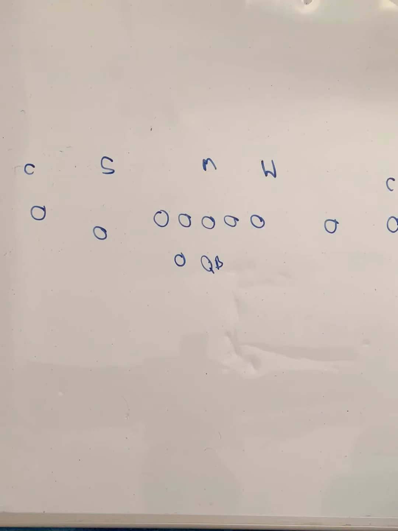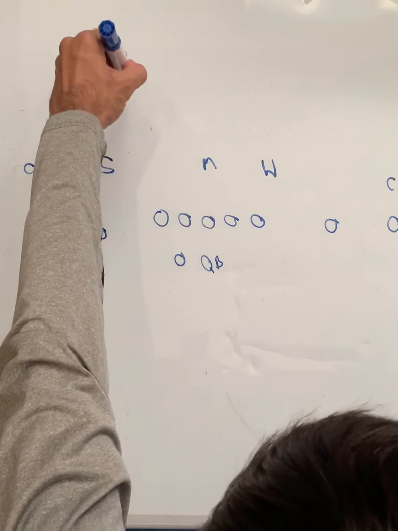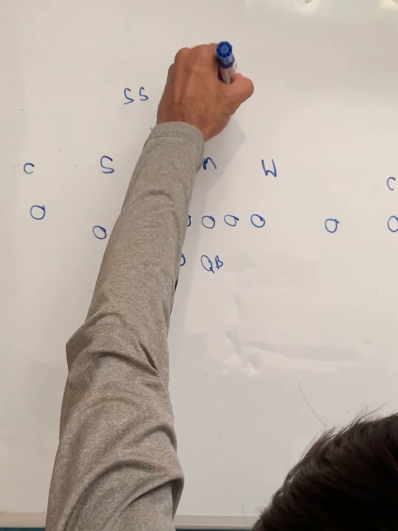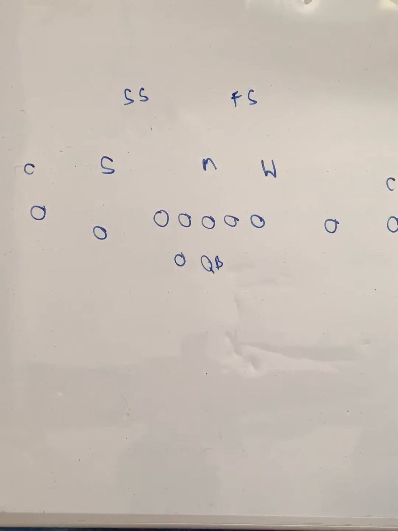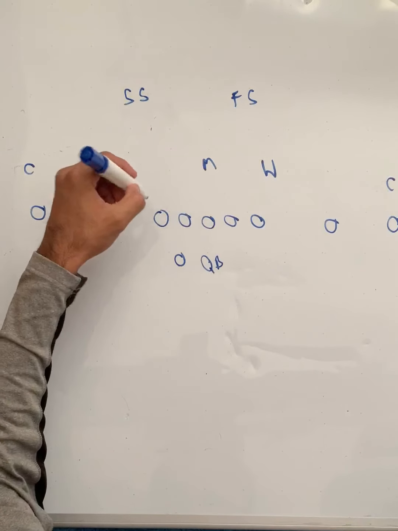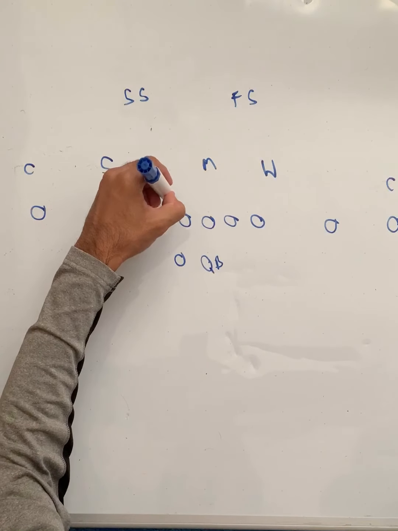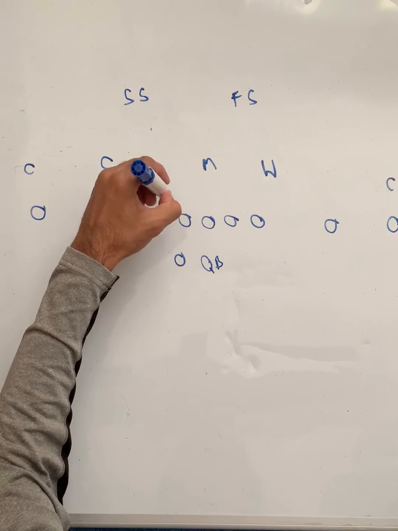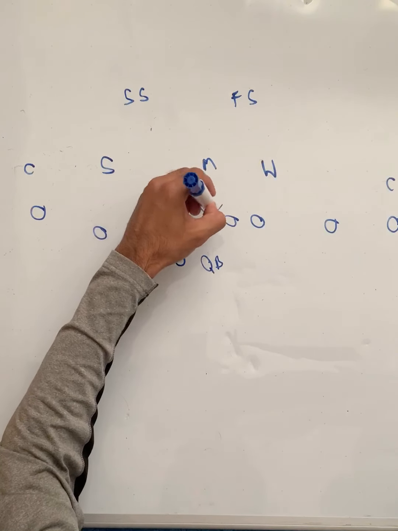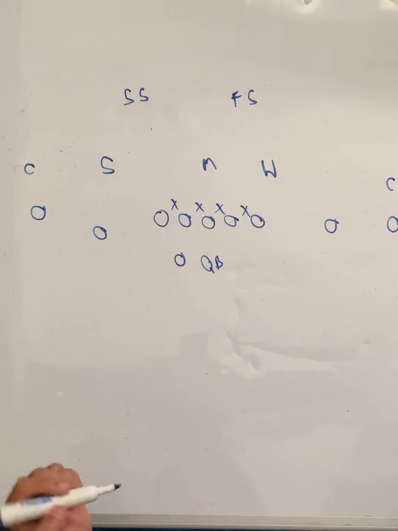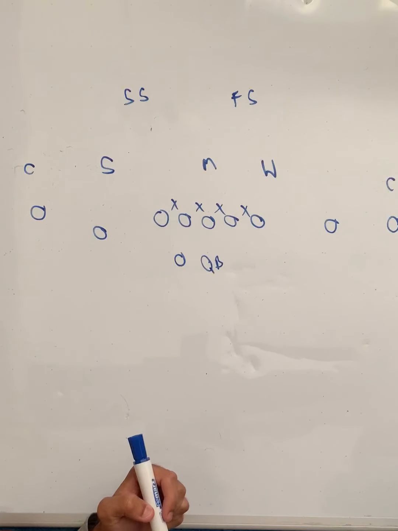Now, we got our safeties, strong, right? We also have our 4 guys in here. All right, so we got our safeties, corners, our backers, and our linemen, both sides. Our receivers, quarterback, and our running back.